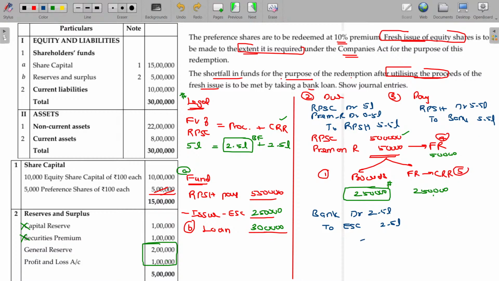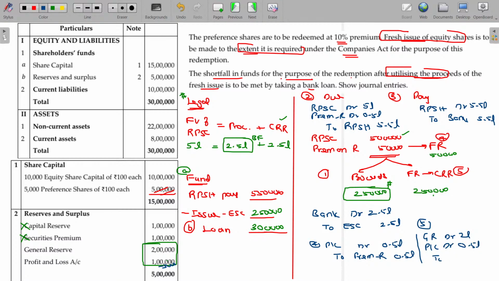For the fourth one, P&L account debit to premium on redemption, 0.5 lakhs. This is adjusted. And the fifth one is creation of CRR. Of this 1 lakh, 50,000 is already used, so we still have 50,000 rupees. We have GR fully, and in the P&L account we have only 0.5 lakhs.